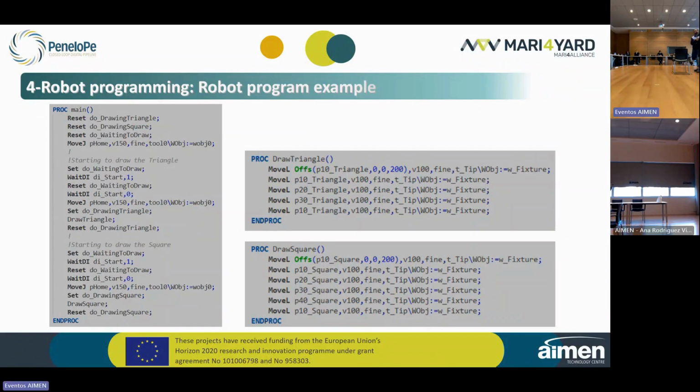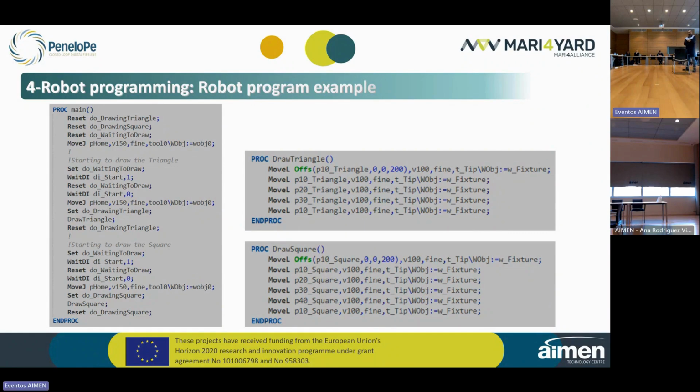And on the right, we have two more routines. One of them describes and draws, for example, a triangle in space. To do that, as you can see, we always use MoveL instead of MoveJ to work on the part.